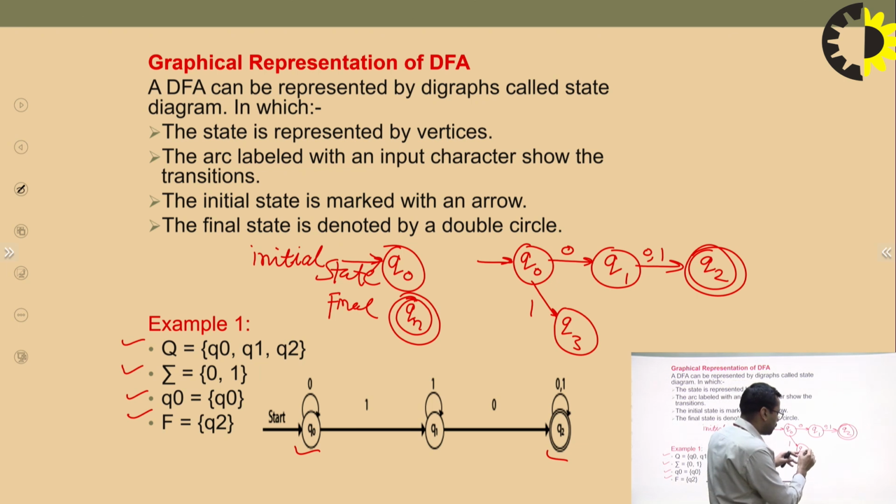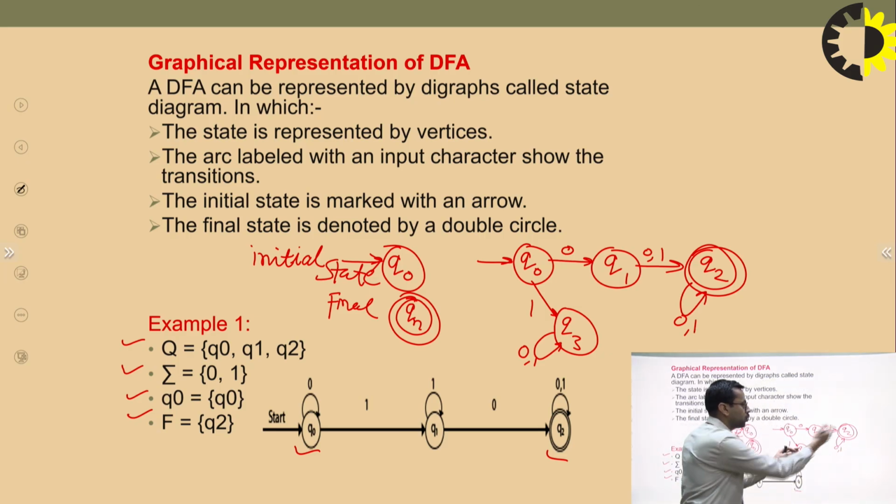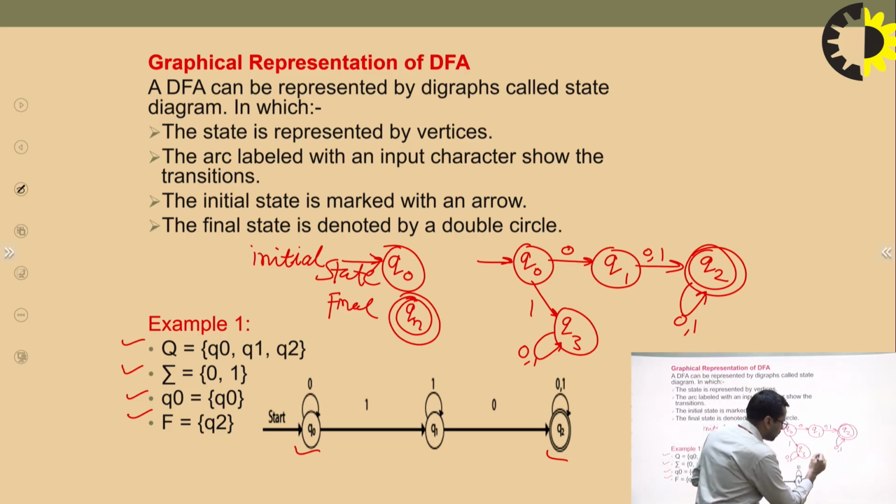So we cannot move from Q3 to Q2 in any case, because it is unidirectional in nature from the initial to the targeted final state. So this Q3 is known as the dead state.